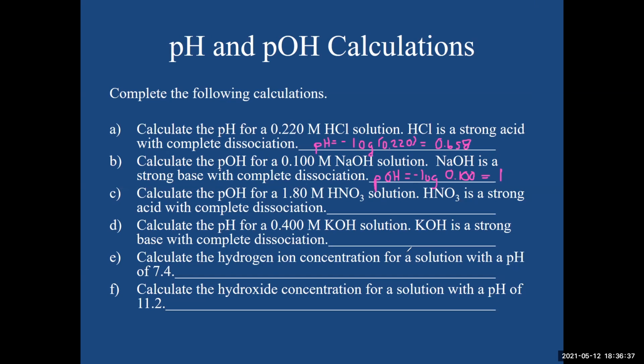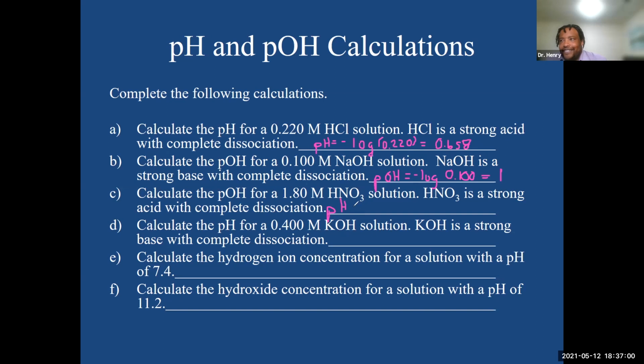Would you divide that number by 3 first? Why would we divide it by 3? Oh wait, no, that's just 3 oxygen. So we would calculate the pH by taking the negative log of 1.8 and then subtract that from 14, because together they have to equal 14.